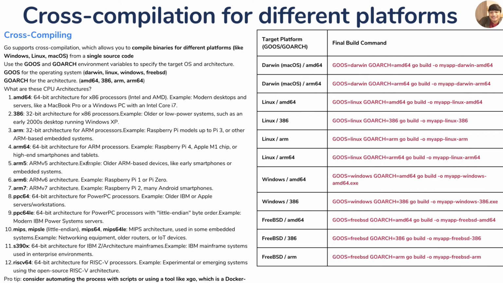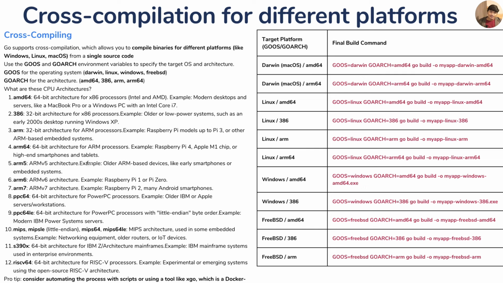That is darwin, linux, windows, freebsd. And what are the CPU architectures we support? That is amd64, 386, arm, arm64, which is the most popular one. Along with them there are also arm5, 6, 7, ppc64 and more that go build supports. The most popular build platform targeting commands I've already mentioned. So this should be good.